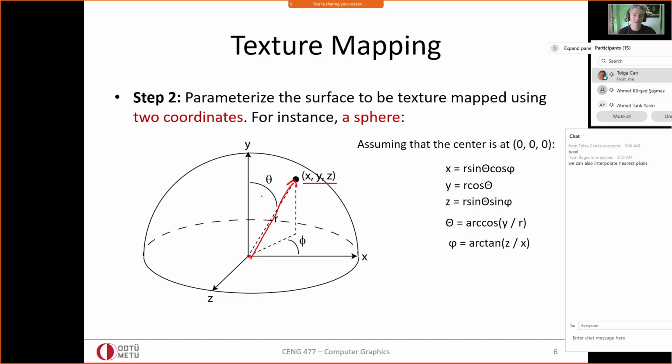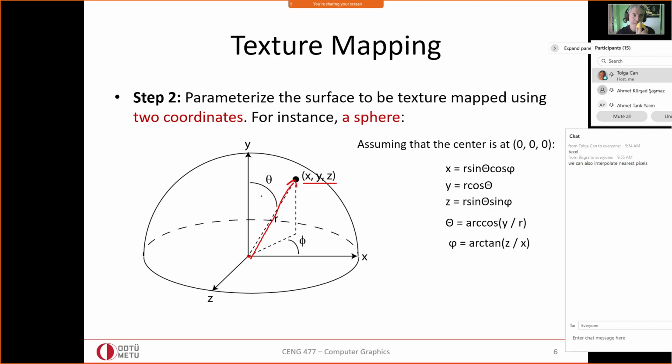So it will be making two angles. You can think about it like this. If this is my half sphere, depending on where this point is, there are two things: how far you are away from the North Pole, that's one angle, and how far you are away from Greenwich.